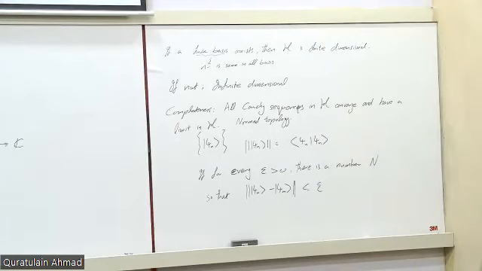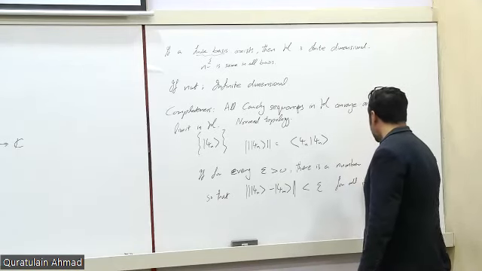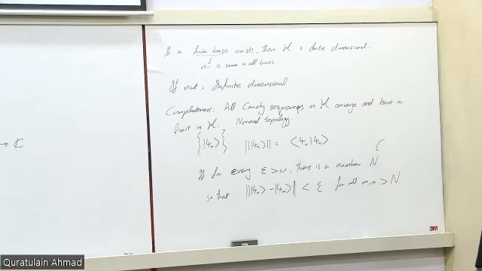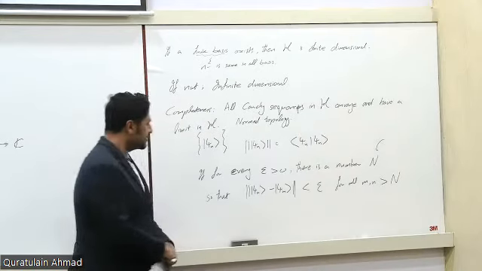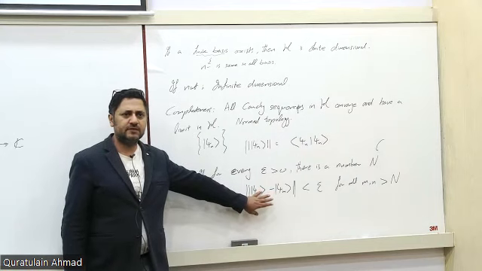It's a sequence which kind of zooms in, for all m, n greater than this n. This is fine, but the point is that you want it to converge to an actual element of the space.